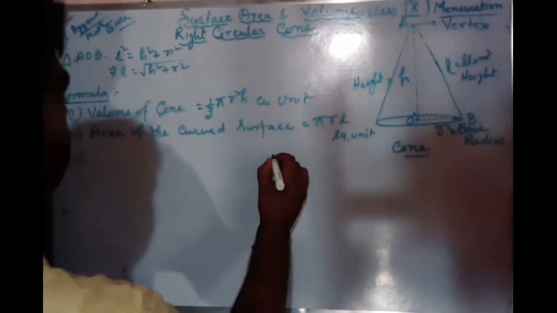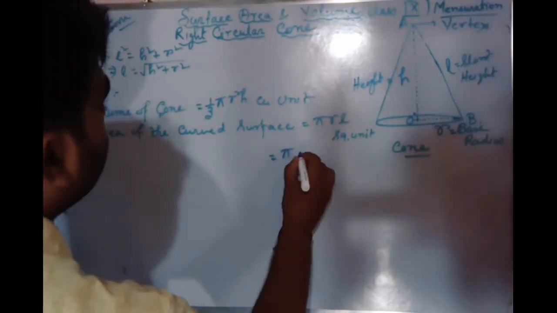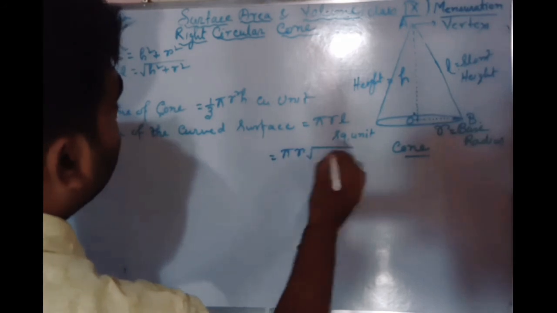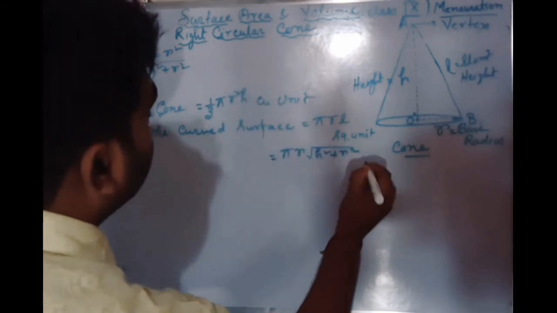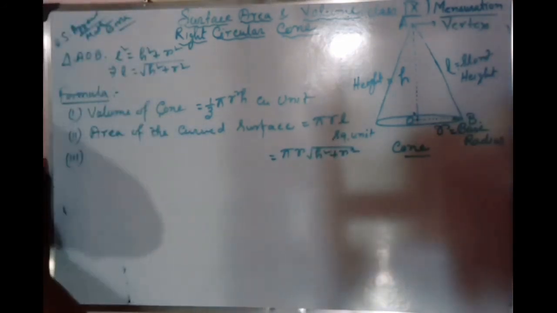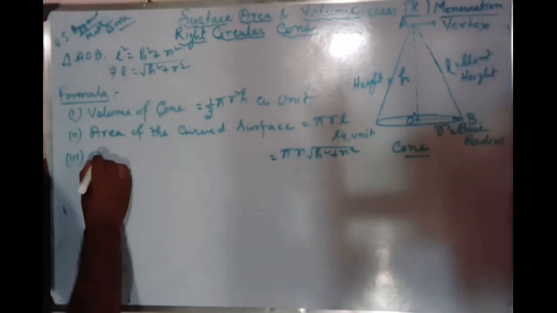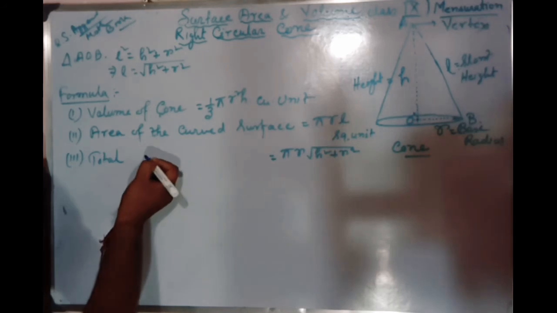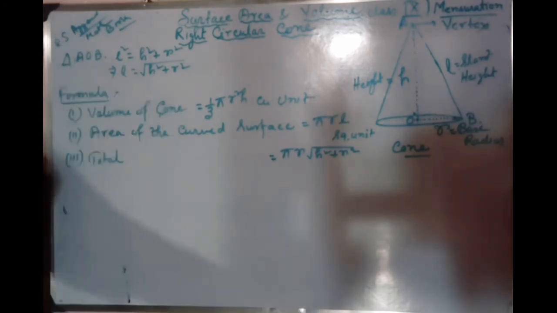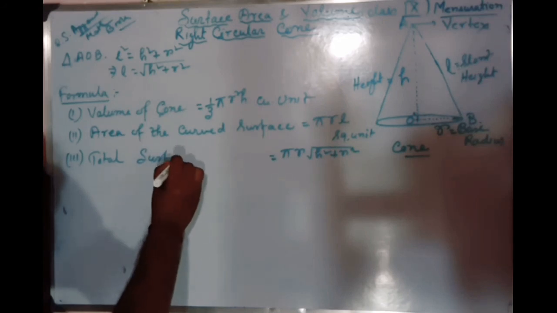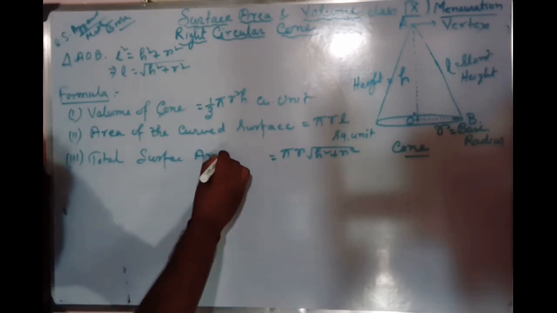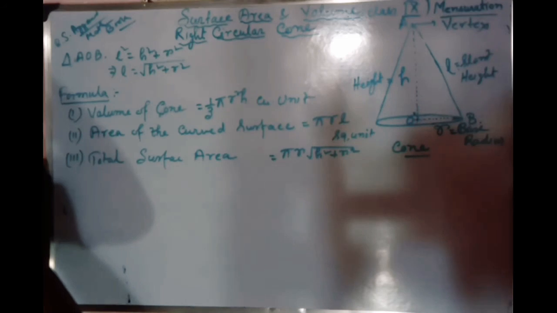Now if we put the value of l over here, we get pi r root over h square plus r square square unit. This is the curved surface area, or area of the curved surface.